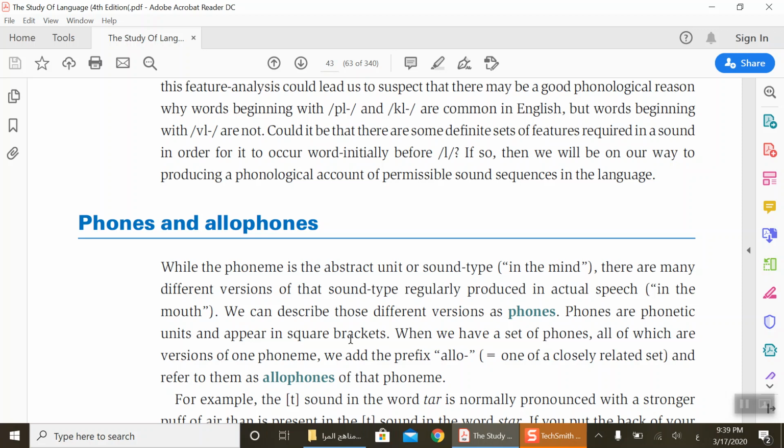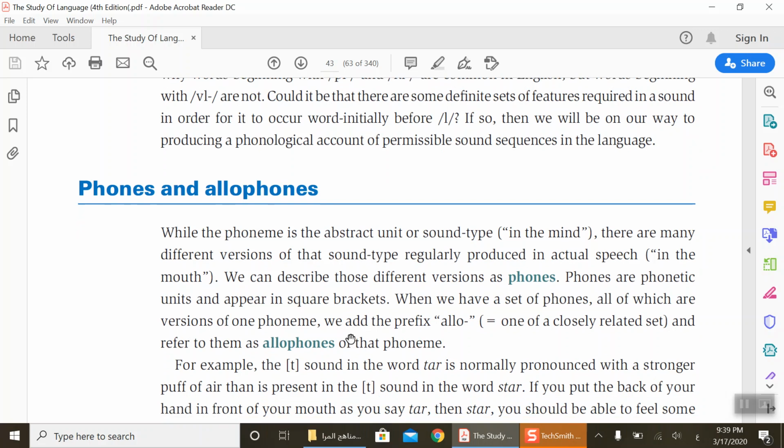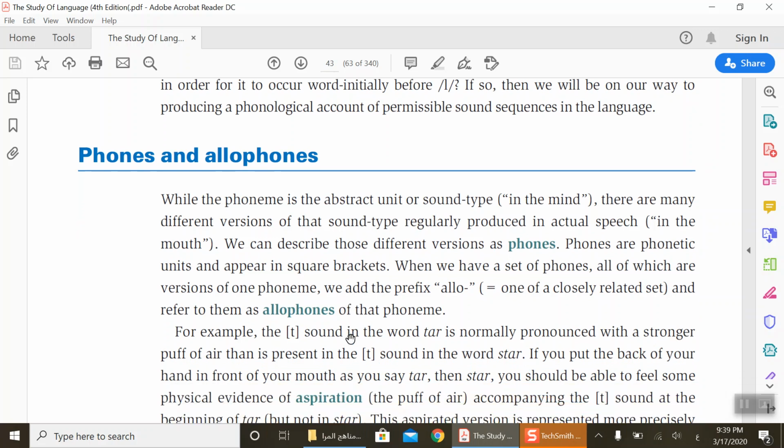But when we say dog, dogs, z. So different allophones. Or when we say watches, iz, so more than one. Even the ed ending: sometimes it is pronounced t, sometimes d, sometimes id. This is allophone.